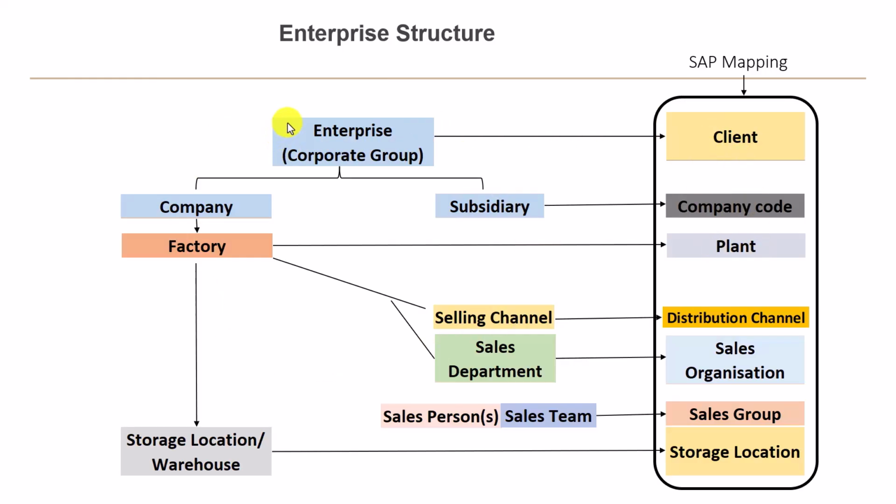It means that, for example, if an organization gives us the requirements of its enterprise structure hierarchy at a high level, as you can see, then we can map it into SAP by using different objects in the SAP system, such as client represents enterprise, company code represents subsidiary or company, plant represents factory, and similarly distribution channel refers to selling channel, sales organization to sales department, and sales group refers to salesperson or sales team, and storage location refers to storage location or warehouse.